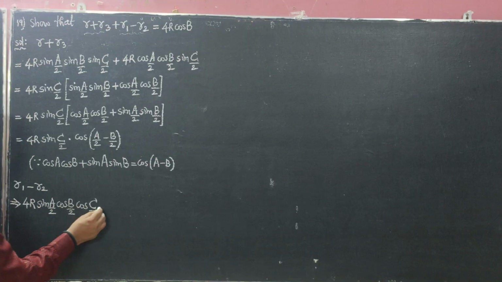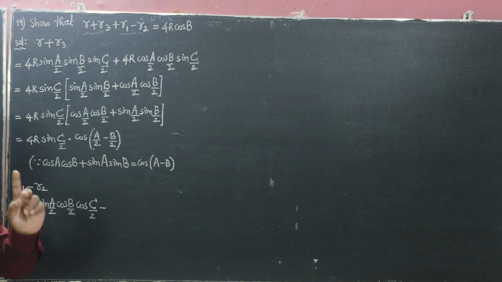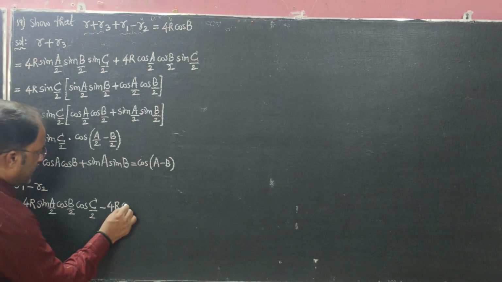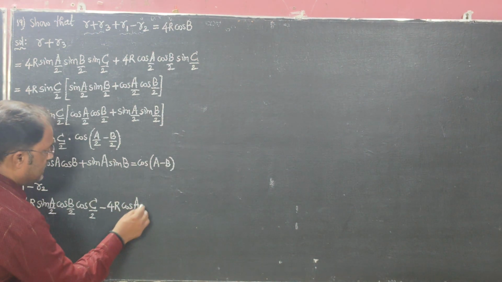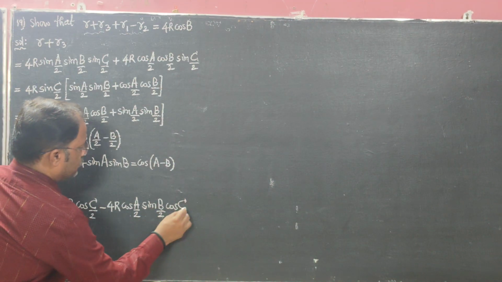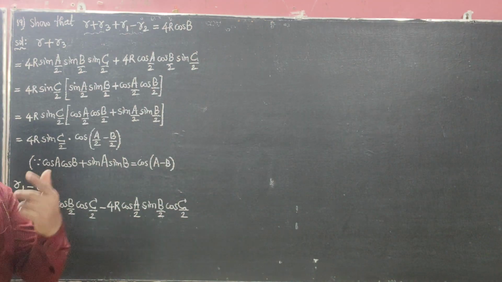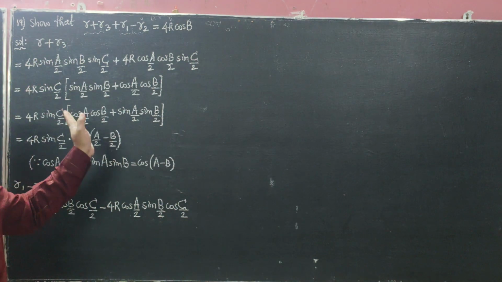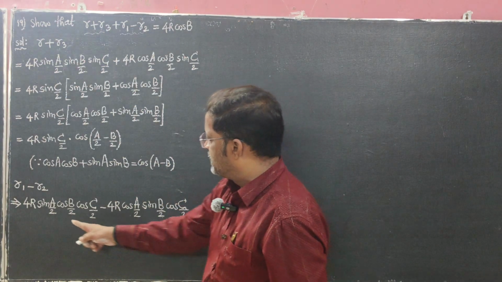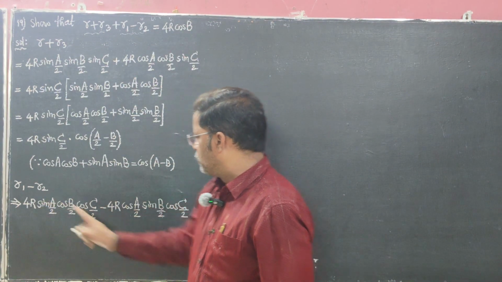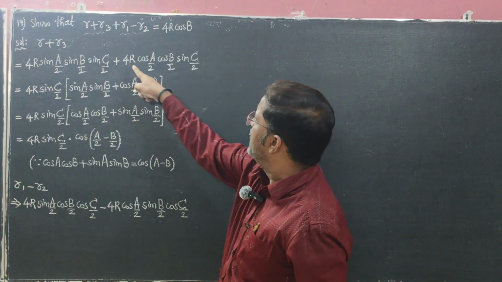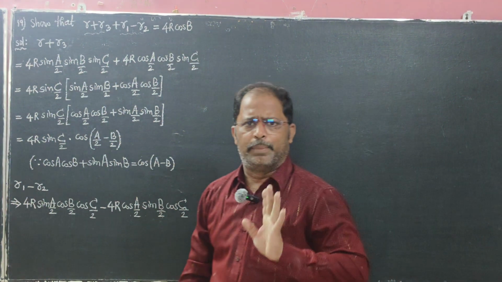Next, minus R2 means second one sin, first and third one cos, means 4R compulsory, first one cos, second one sin B by 2 and cos C by 2. Simple, no tension of remembering anything, no need of practice. R means 4R is compulsory, R means total sin terms. R1 means first one sin, remaining two cos, R2 means second one sin, remaining two cos, R3 means third one sin, remaining two cos. 4R is compulsory in all, okay, right.